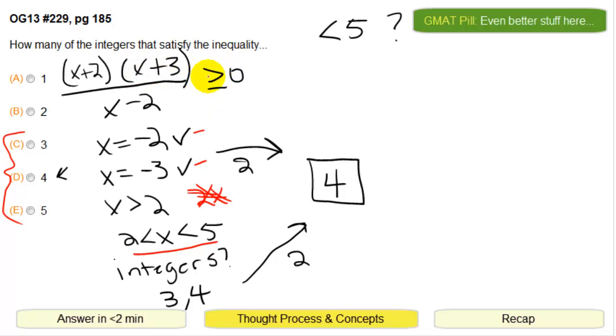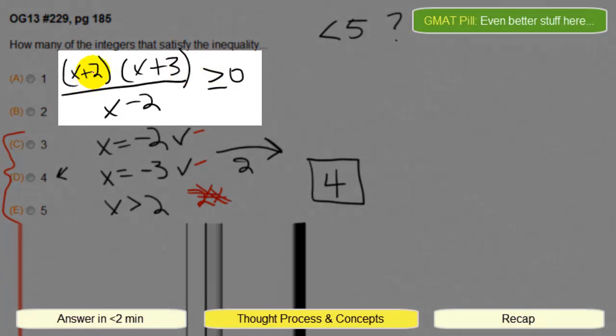And say you had minus 4. Well, that would give you negative 2 times minus 1. Negative times negative gives you positive, but then you're dividing by a negative number, minus 4 minus 2, which gives you negative 6. So you're dividing by a negative number, and that brings you below 0.